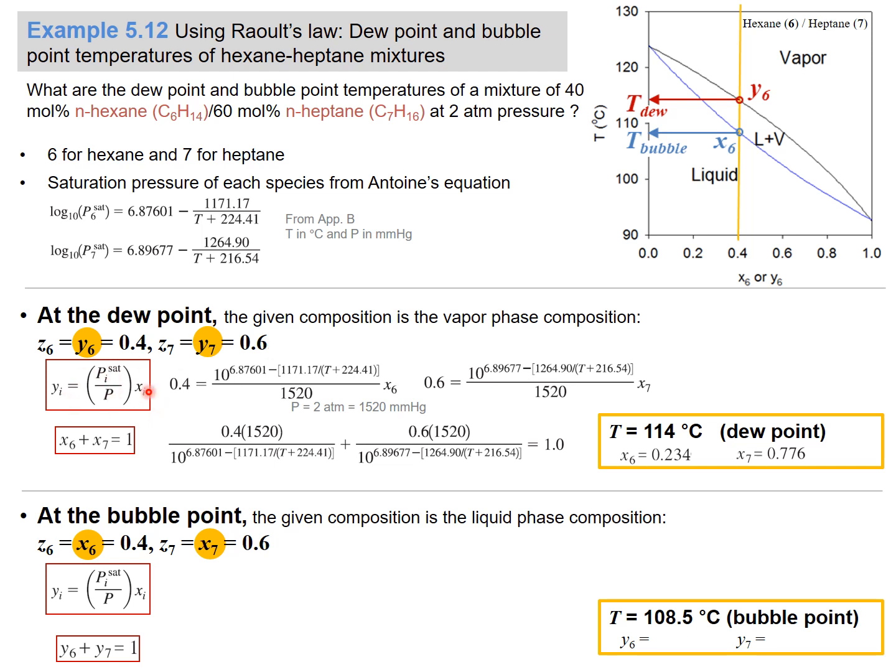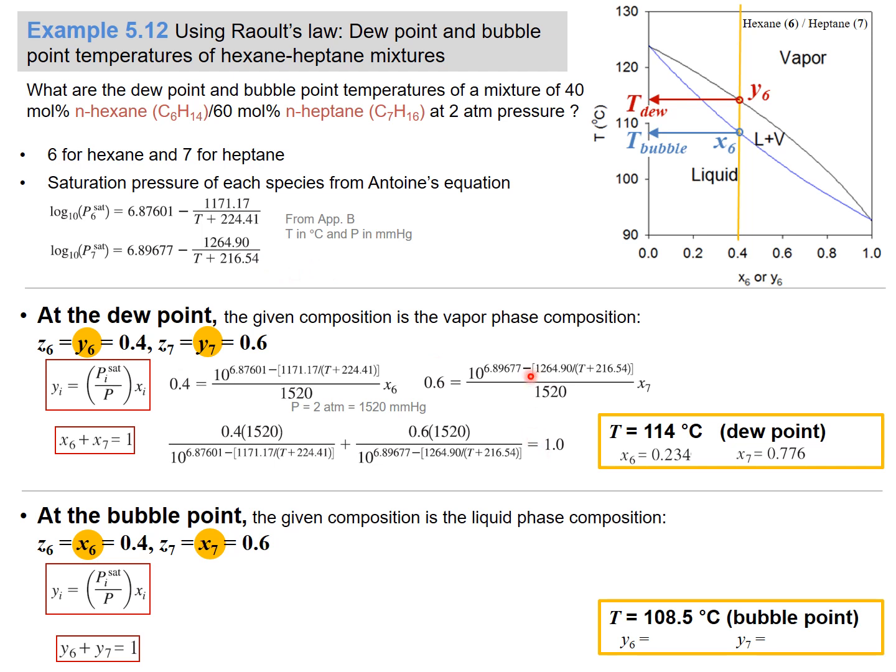Here is Raoult's law. So Yi is given, 0.4 and 0.6, and here's the total pressure. In this case, total pressure should be described in units of mmHg instead of atm. So 1520 mmHg. And that is the Antoine equation for the hexane and for the heptane.